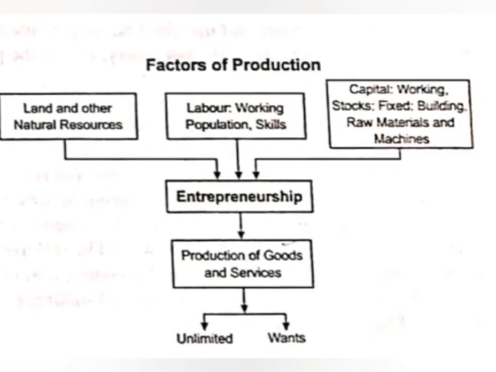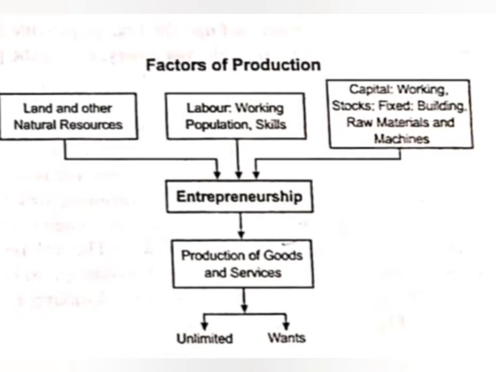When we talk about factors of production, there are many. The very first one is land or the other natural resources available to us. The second one is labor, that is our working population, our human capital or skills. All the human capital covers the working population as well as the skilled population. The third one is capital, which means we are using money to form the products.